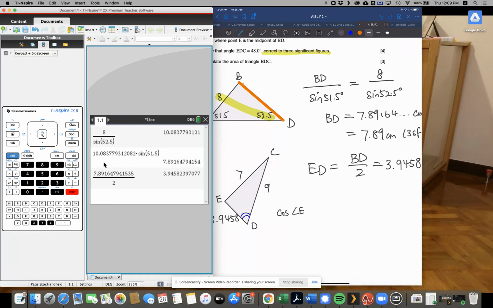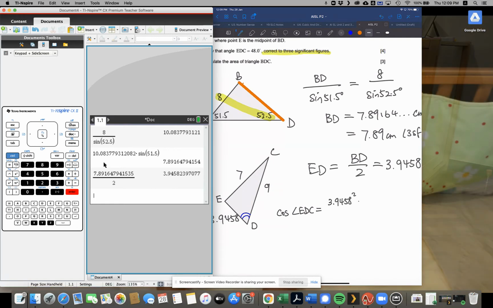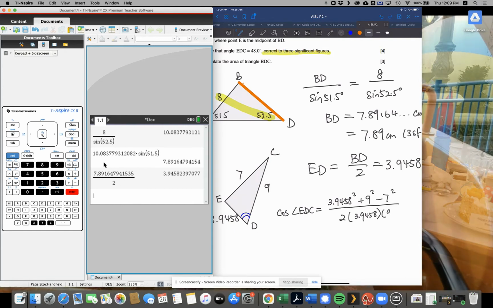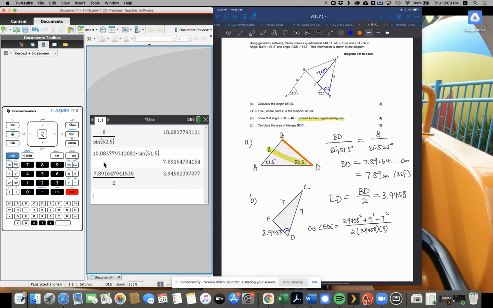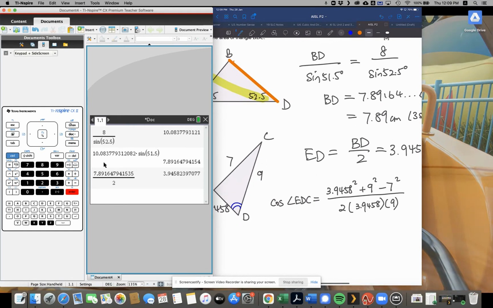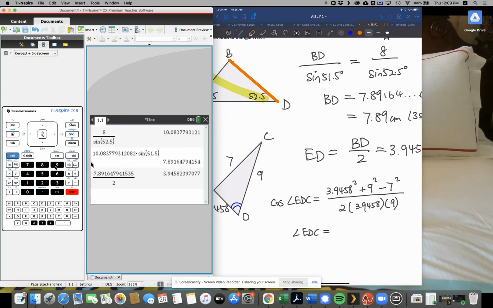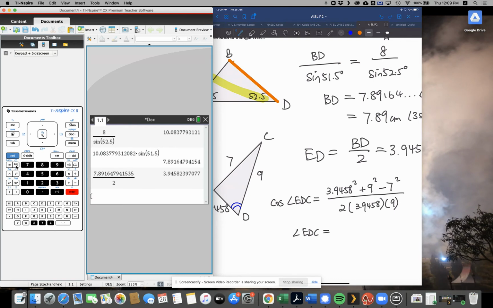Cos angle EDC is 3.94 square plus 9 square minus 7 square all over 2 times the two lengths. So angle EDC must be the inverse cos of the fraction.